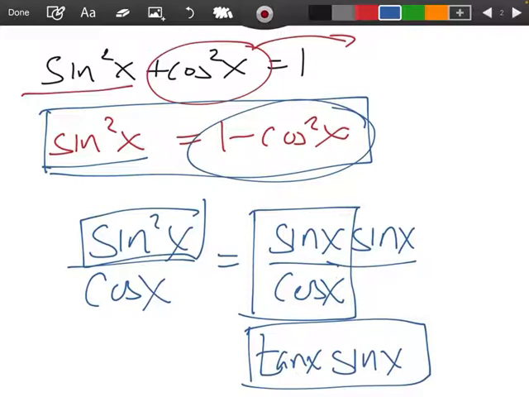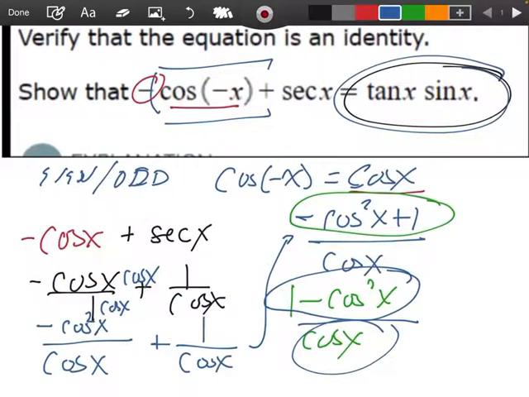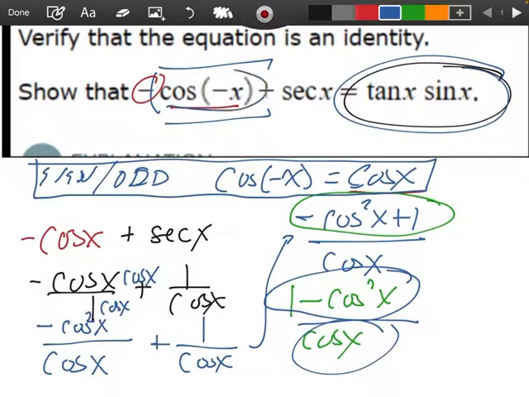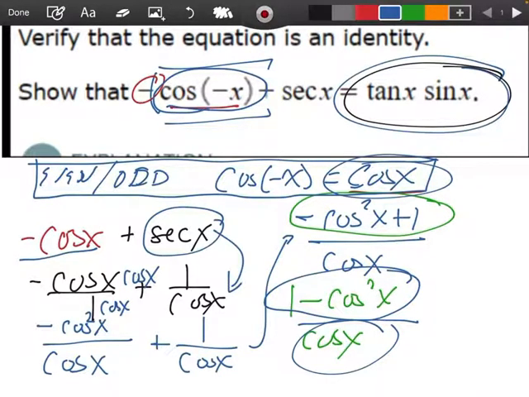So guys, really what I'm doing in these types of problems is, number one, I use the even and odd for this first part to say, look, what happens if I have a negative on the inside? When it's a cosine, it's just going to disappear. So that's how I was able to get to this part. And then we rewrote secant as 1 over cosine. That's using one of those quotient identities. All we did here is a little bit of algebra so we can get a common denominator.